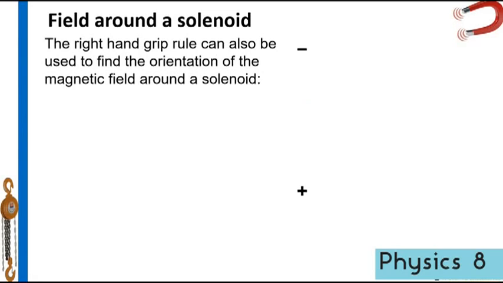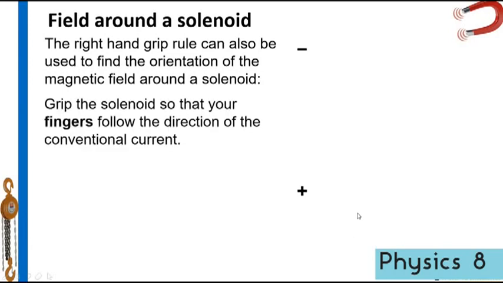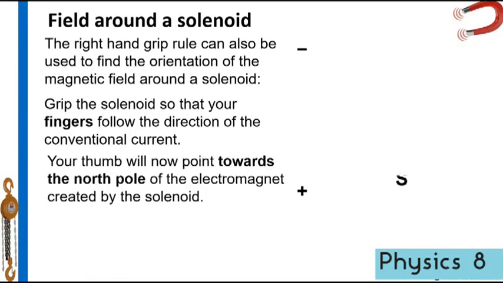We've seen the use of the right hand grip rule in terms of identifying the direction of the magnetic field as a current flows through a straight wire. Now we can use the right-hand rule in a similar way with a solenoid. And we can use the rule to find the orientation of the magnetic field around a solenoid.